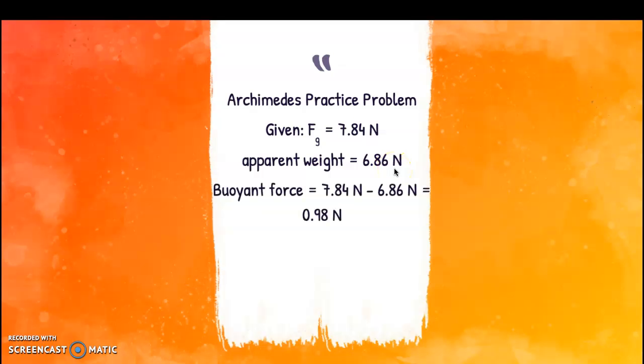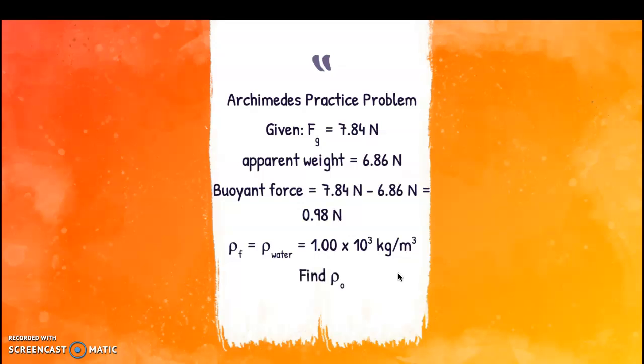So that means there's a buoyant force of 7.84 newtons minus 6.86 newtons. The buoyant force is 0.98 newtons. That's important. The other thing that we know is the density of water. Density of the fluid equals the density of water equals 1 times 10 to the third kilograms per cubic meter. It's very heavy, it seems. It's hard to believe that water has that much mass, but it does.